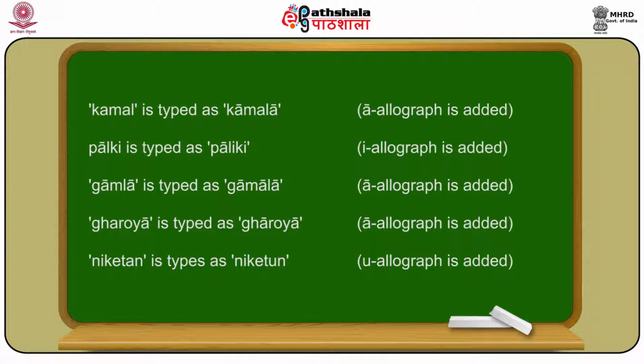There is a word like kamal, and it becomes kamala, so what happens is that the letter is written twice. There is no meaning for that, but it happens that the data operator has made the mistake and retyped the particular letter again. Here we have palki sometimes written as paliki, gamla written as gamela, or niketan written as niketun.